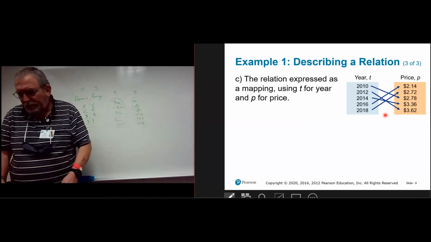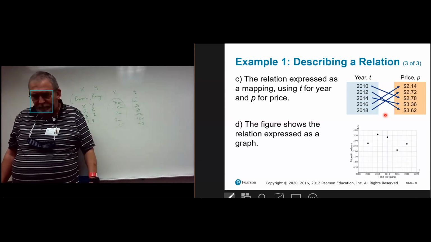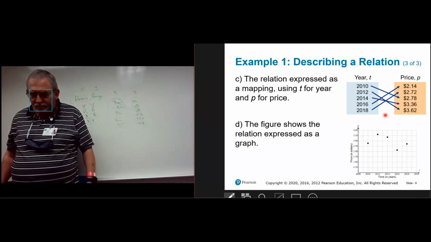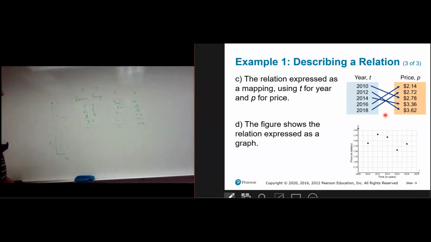And then with a graph, they just plotted them. Okay, so we have the 4 different ways of describing a relation, which means we have 4 different ways of describing a function.